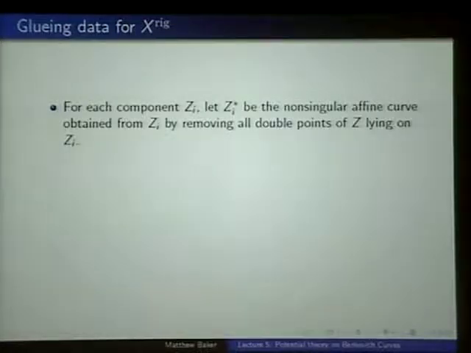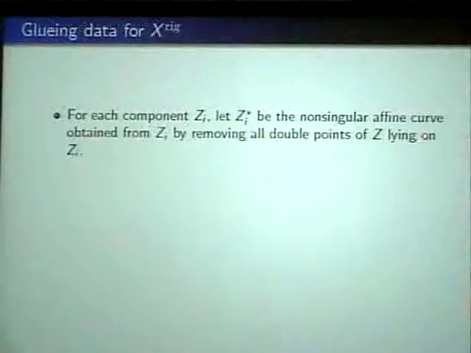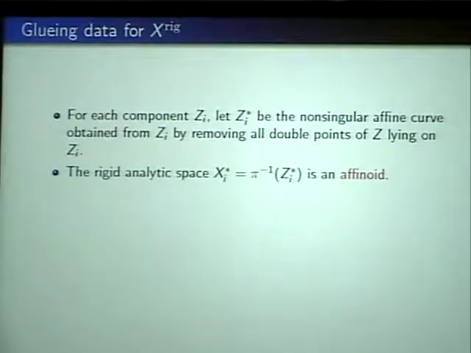So Zi star is the non-singular affine curve obtained by removing all the double points of Z which lie on this component Zi. I'll show a picture in a minute. And the formal fiber, or the pi inverse of Zi star, is actually an affinoid.